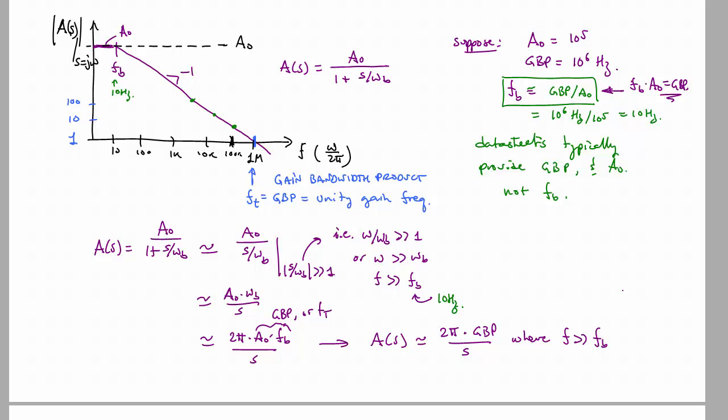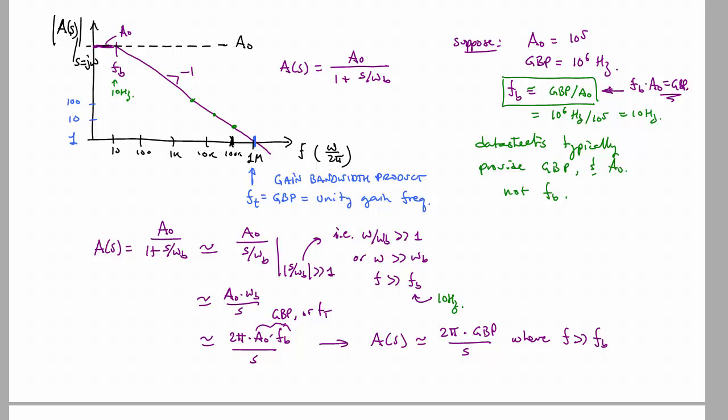Assuming we've already designed an op-amp circuit that performs very well with a gain of 10 to the 5, where we have to be concerned is when we get to frequencies that are well above FB and our open loop gain of the op-amp is no longer 10 to the 5, but it's 10 to the 4, 10 to the 3, 10 to the 2, 10 to the 1. What happens then to the closed loop gain?